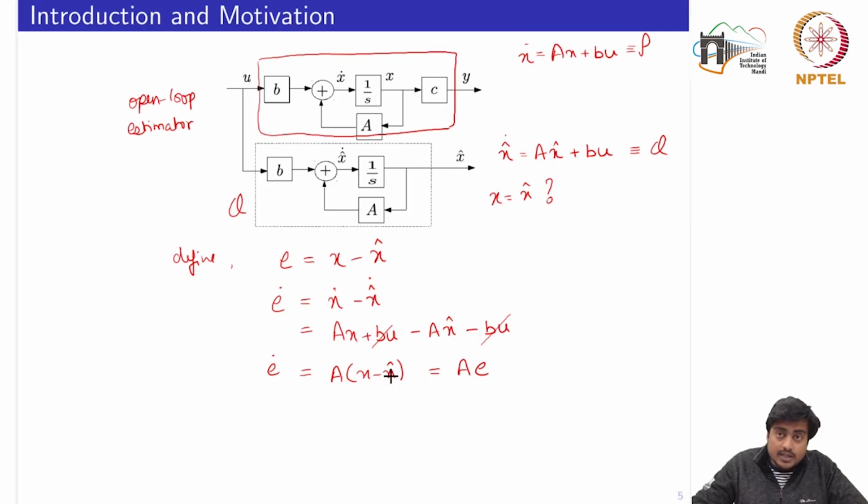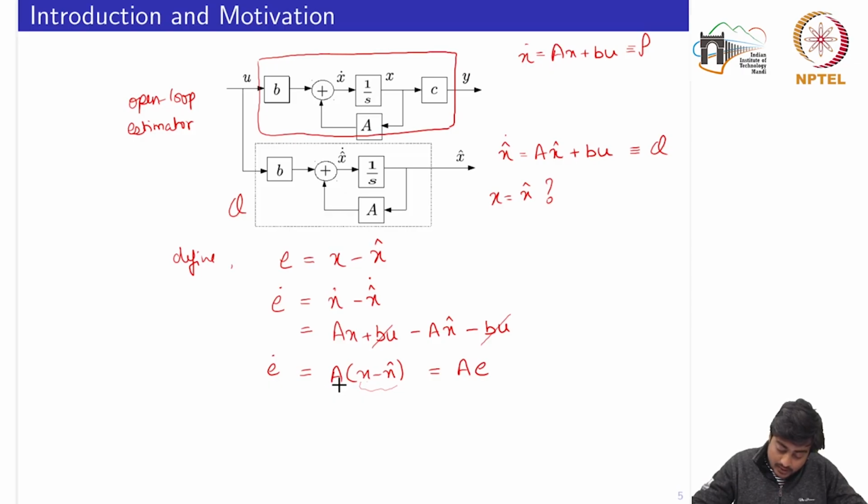Say for example, you have computed the x hat at some initial condition by using this Gramian and you put it here, then what would happen? We have already seen that in that case x would become equal to x hat. Okay, so this part would go to 0, again you would have e dot equal to 0, right? But there could be some external disturbances or some uncertainties due to which this difference might not be 0 all the time, even if you have used the Gramian based reconstruction.